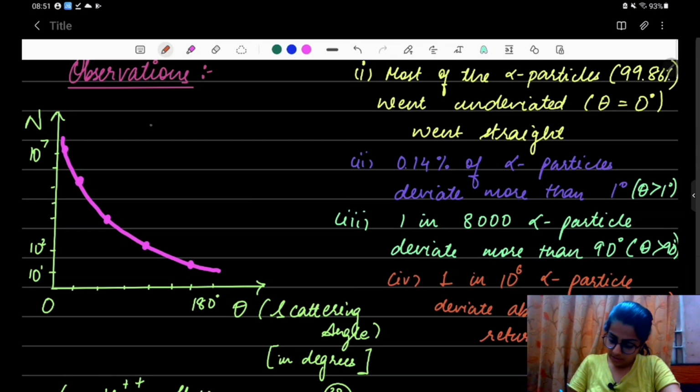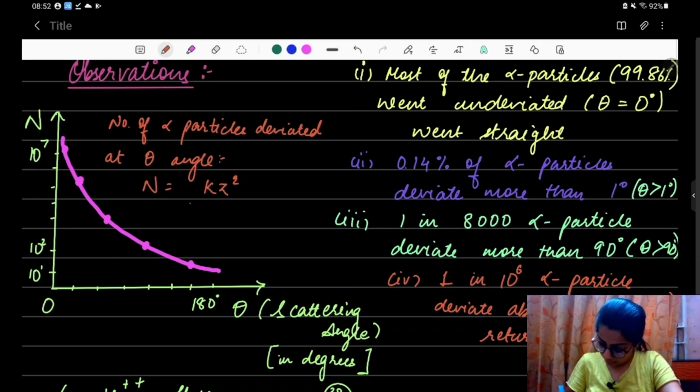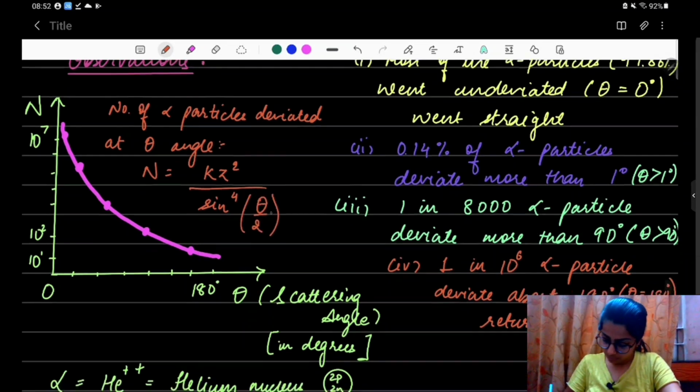That is, n is equal to, n means the number of alpha particles deviated at theta angle, that is n is equal to kz square upon sine raised to 4 theta by 2.